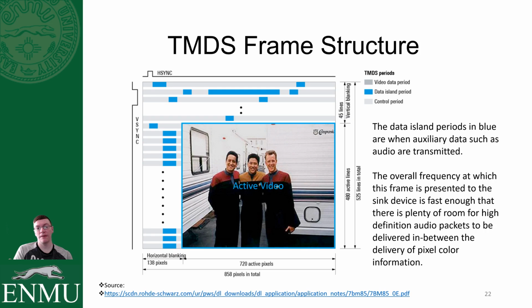So this data on screen here 60 times in 1 second. That's plenty of room for audio. So the overall frequency at which the frame is presented to the sync device is fast enough that there's plenty of room for high definition audio packets to be delivered in between the delivery of pixel color information.